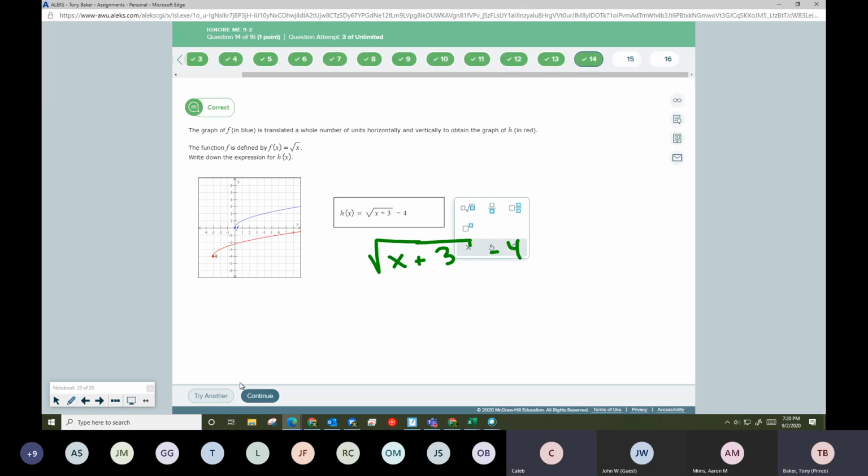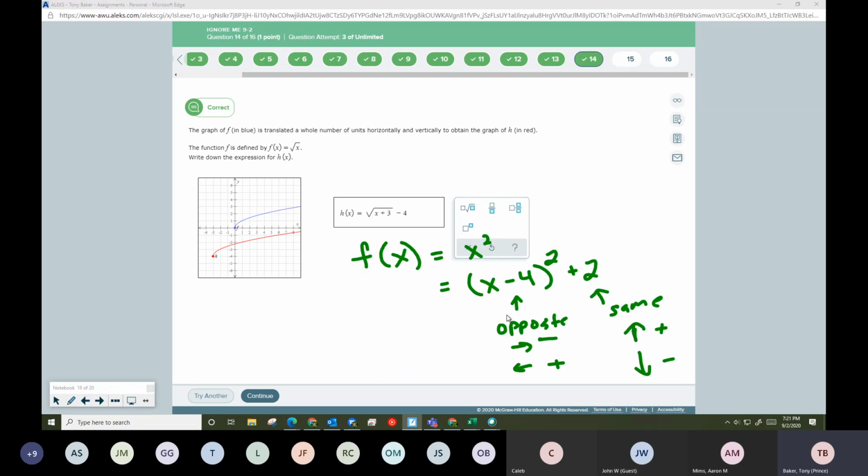Can you explain this again? Can I explain what? This problem. Yeah, so it's what we were doing before with the transformations. You're just doing the equation. So we're moving from here to here. So I moved over 3 to the left. And remember, if I go back a couple, remember, it's opposite.